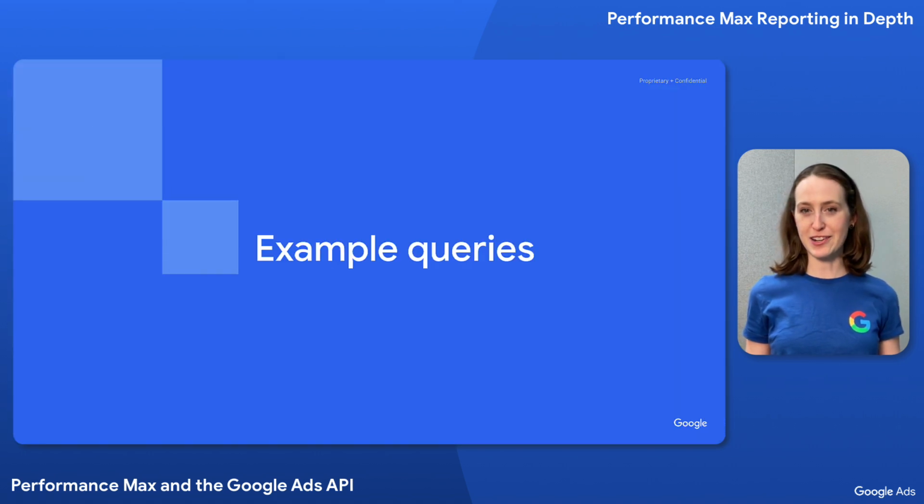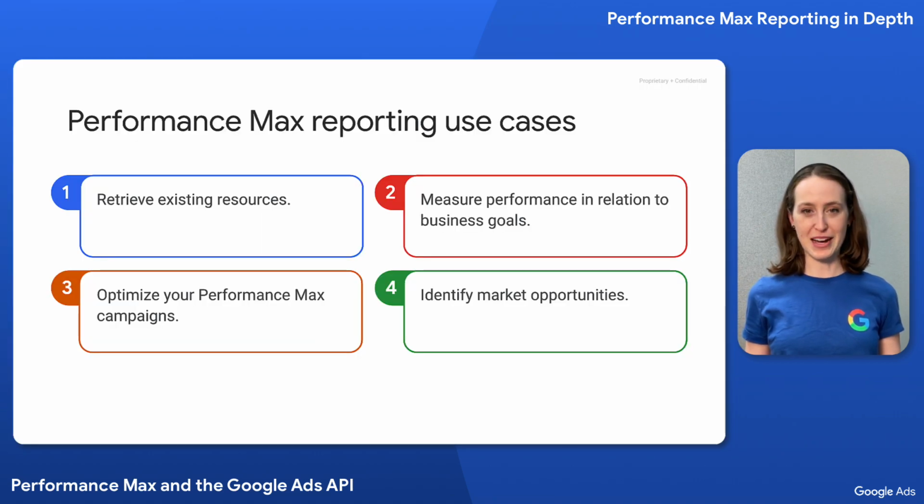Now that we've seen the paradigm shift that comes with Performance Max campaigns, let's dive into some example queries to better understand what we can achieve with Performance Max reporting and how this looks in the API. As a reminder, the four main use cases for Performance Max reporting are retrieve existing resources, measure performance in relation to business goals, optimize your Performance Max campaigns, and identify market opportunities.